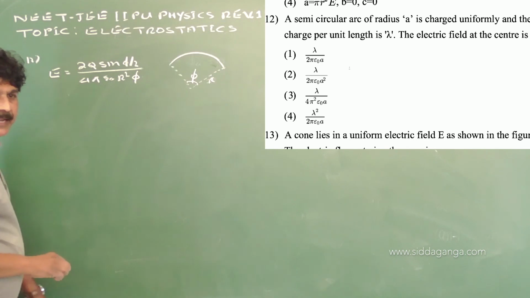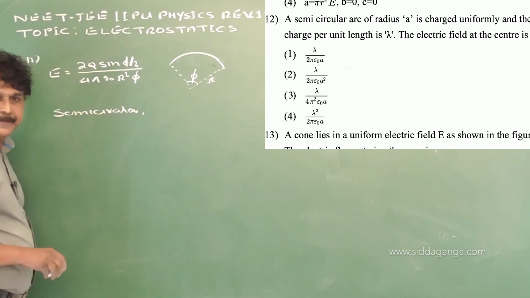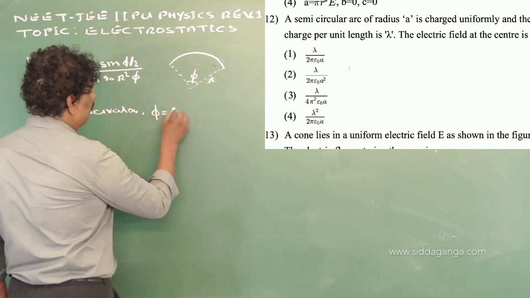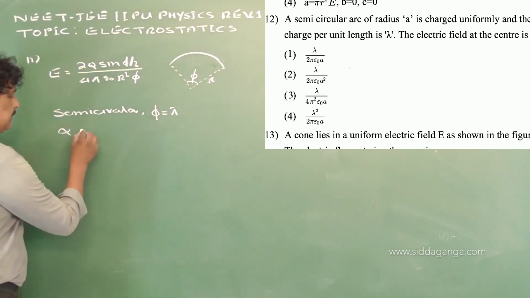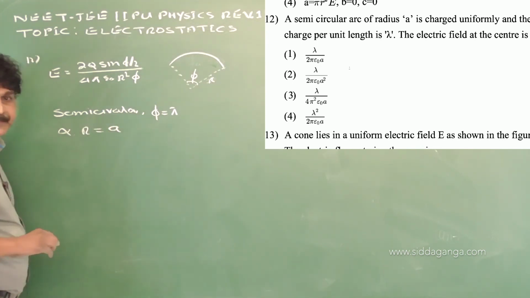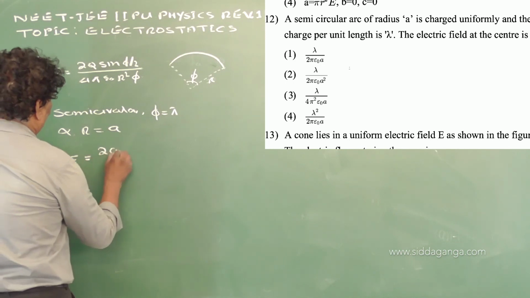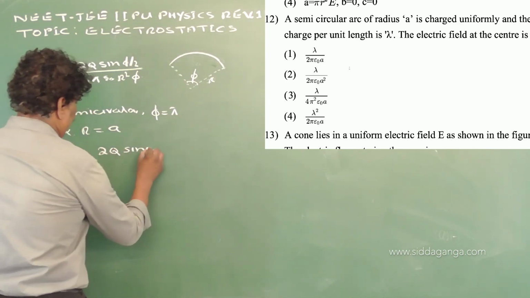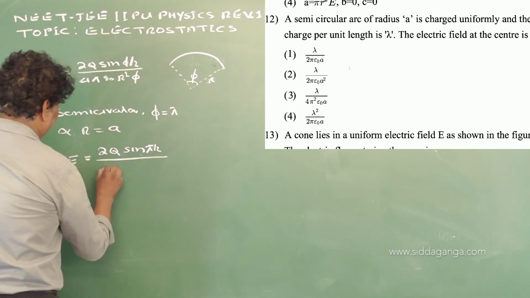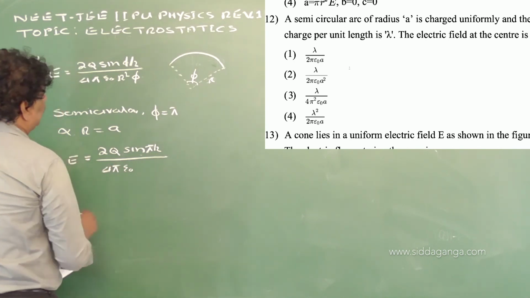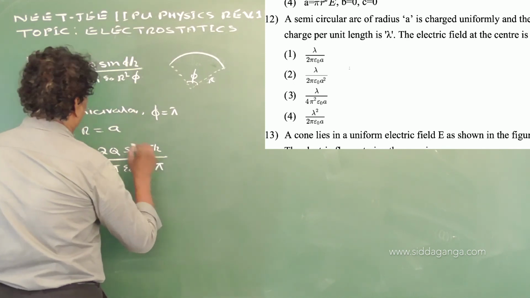Since the arc is semicircular, here phi is equal to pi, and the radius r is equal to A. Now we have electric field E is equal to 2q sin(pi/2) divided by 4 pi epsilon naught A square into pi.